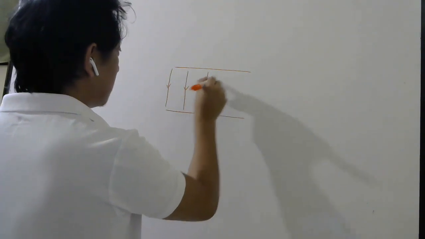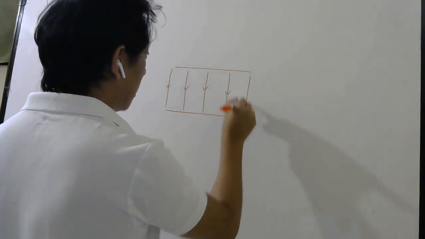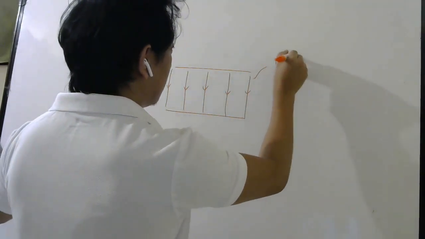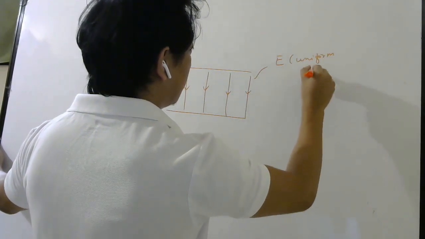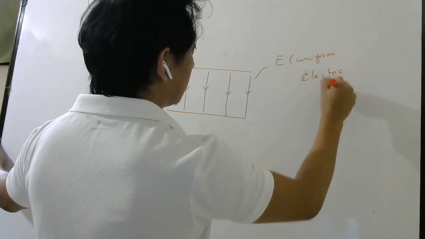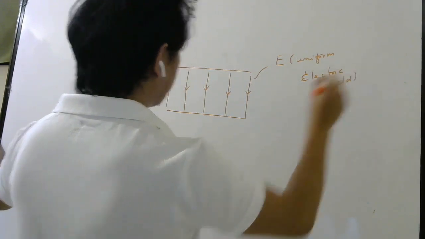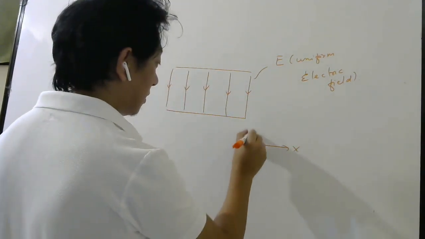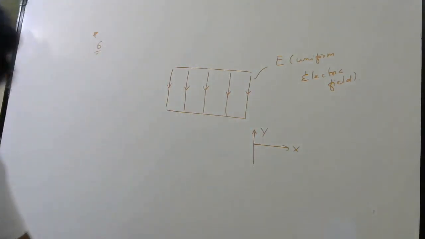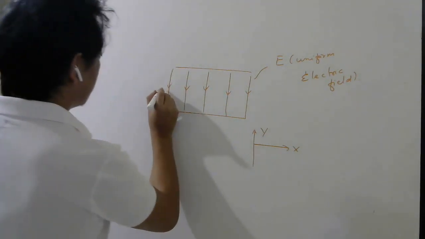So these lines represent the uniform electric field. Now, this is your x-axis and this is your y-axis in the problem. Now, a charge minus q they have told.